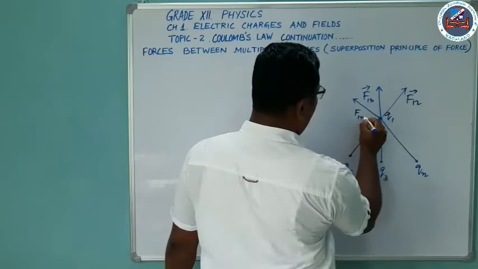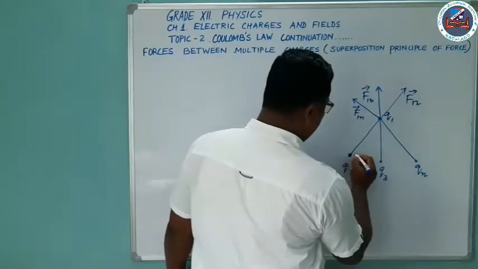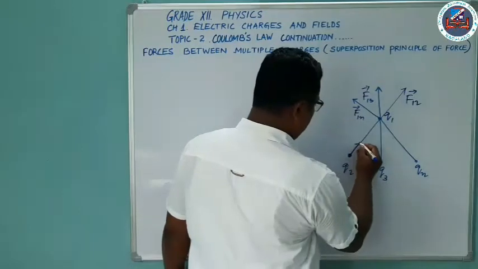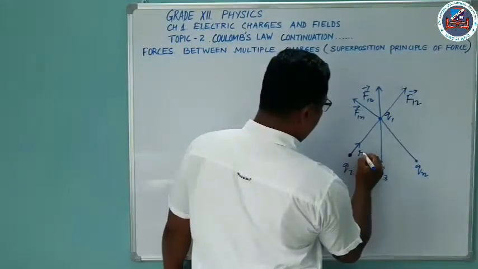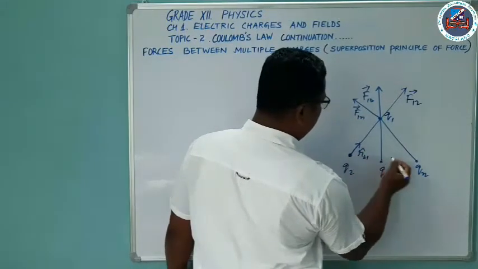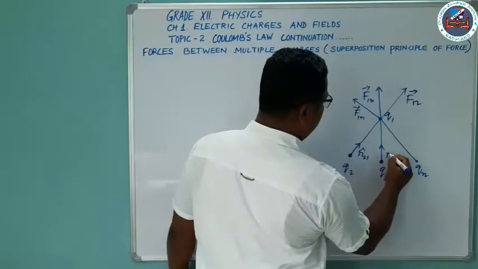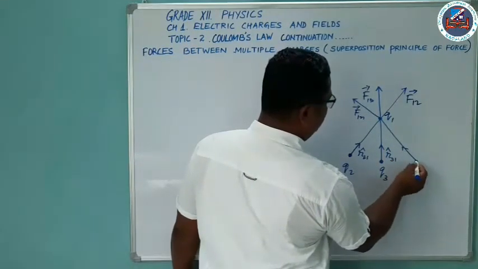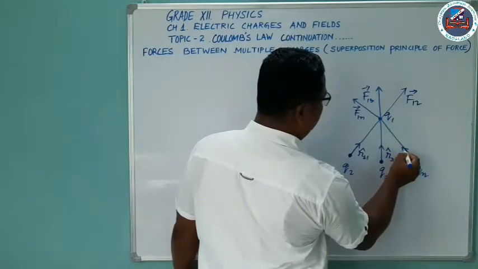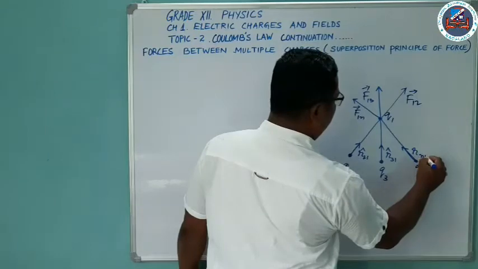Suppose the position vector from Q2 to Q1 is R21. The position vector from Q3 to Q1 is R31. The position vector from Qn to Q1 I represent as Rn1.